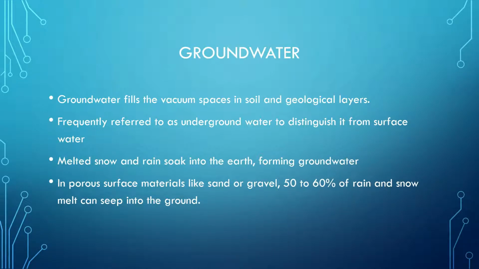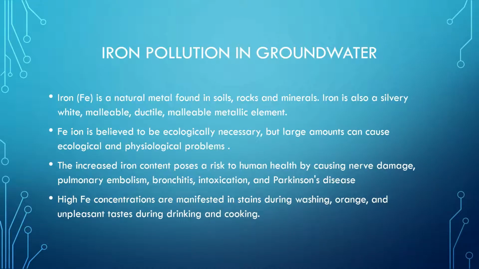For the part on groundwater, groundwater fills the vacuum spaces in the soil and geological layers, frequently referred to as underground water to distinguish it from surface water. Melted snow and rain soak into the earth, forming groundwater. In porous surface materials like sands or gravel, 50 to 60% of rain and snow melt can seep into the ground.